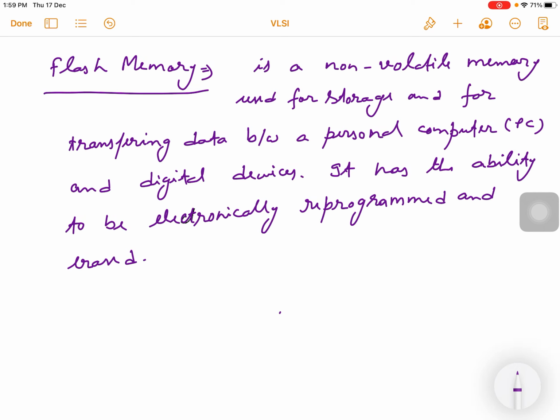So, this is the main important thing regarding flash memory. We can electronically reprogram this and erase this.